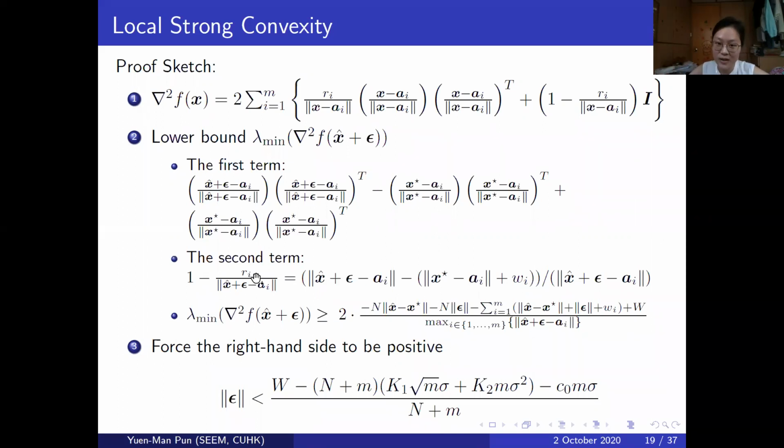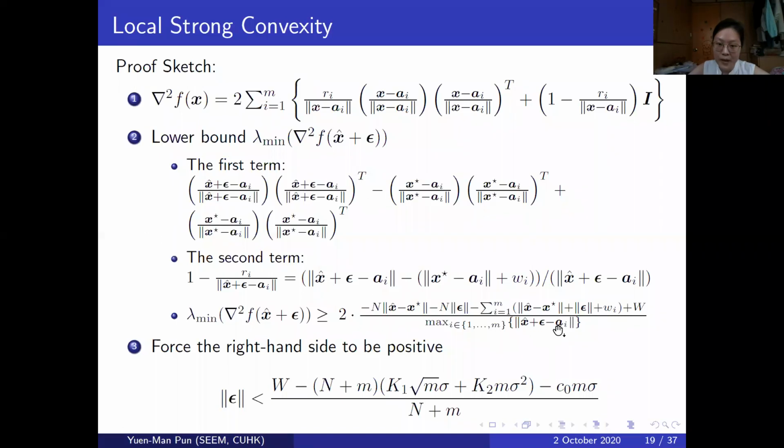Recall this is the noisy TOA measurement: the true noiseless measurement plus some noise. So for WI, we can again use the noise assumption to bound it. Then we can use the triangle inequality so that we have terms like x hat minus x star, as shown here.